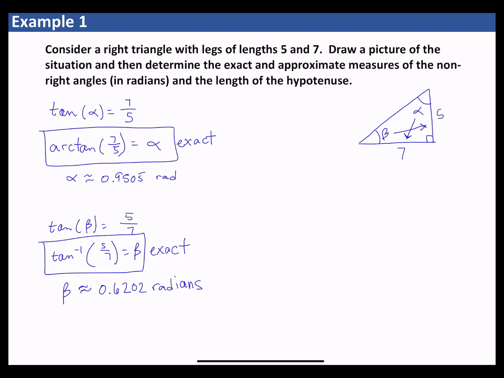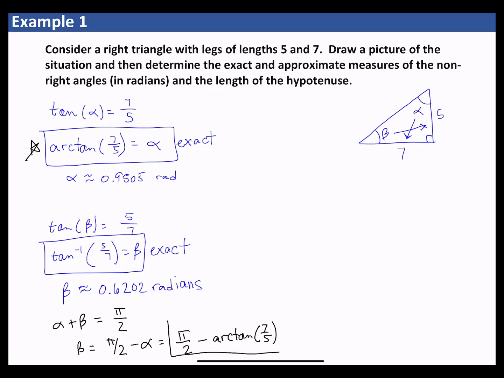Alternatively, another way to find beta would be to recognize that alpha plus beta would have to add up to 90 degrees, which in radians is pi over 2. So beta would equal pi over 2 minus alpha, and we knew alpha was the arctangent of 7/5.